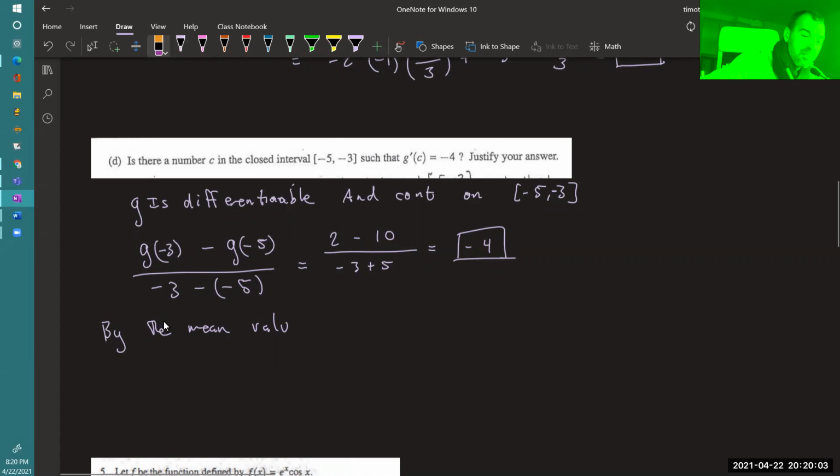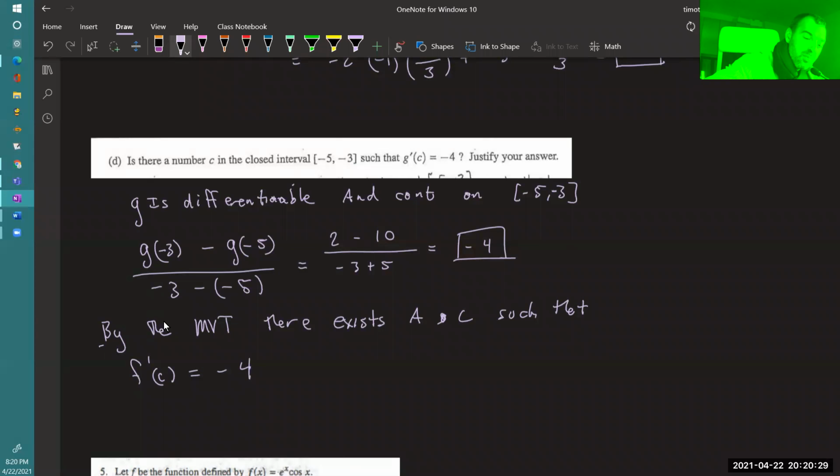They kind of accept that, by MVT, all capitals, there exists a c such that f prime of c equals -4.